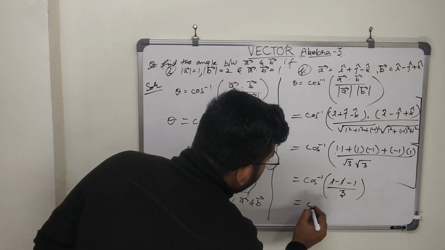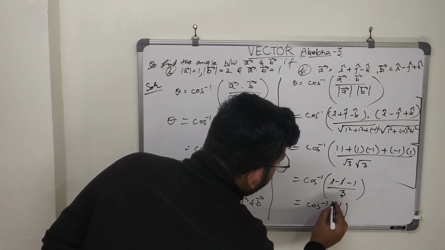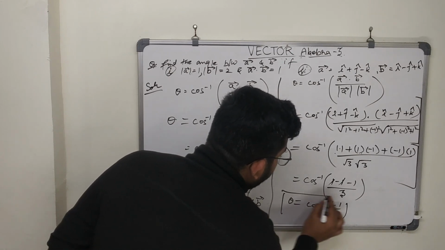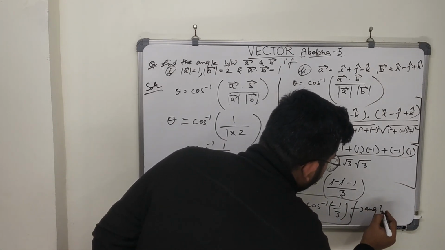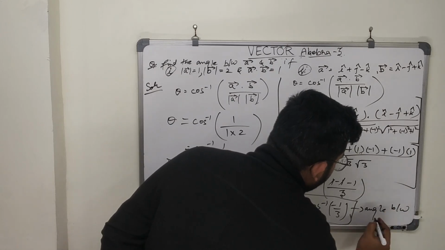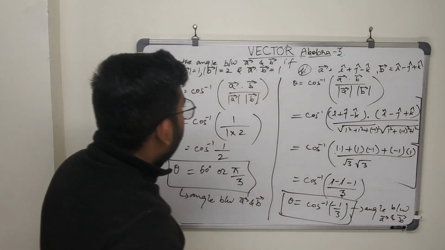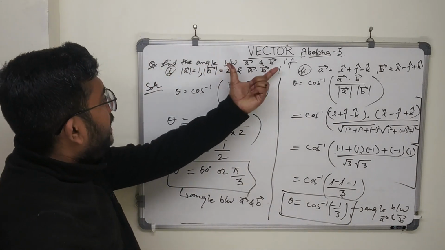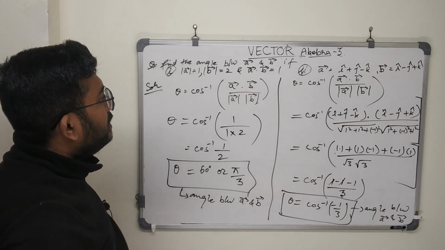So this will be equal to cos inverse of minus 1 upon 3, which is theta, the angle between a vector and b vector. So in this way we have obtained the angle between a vector and b vector in both the cases. Please note down the solution of this question.